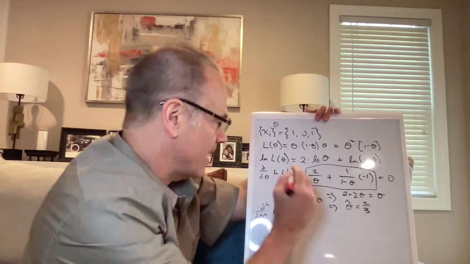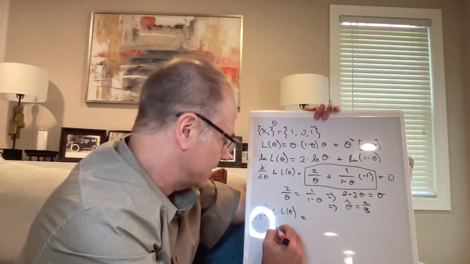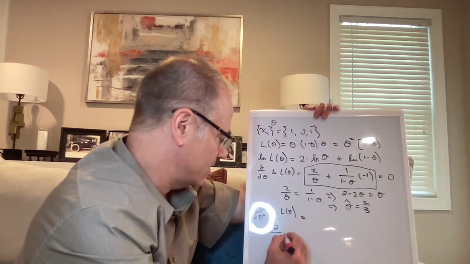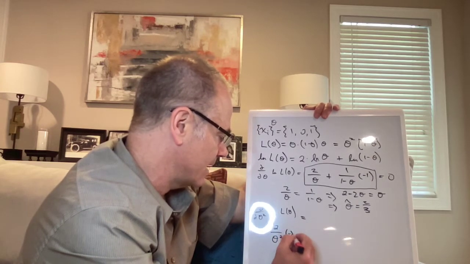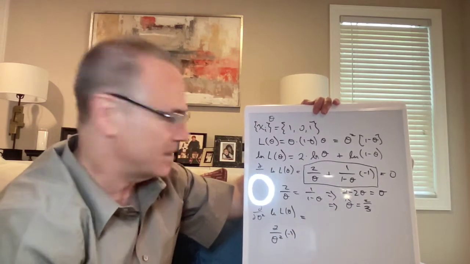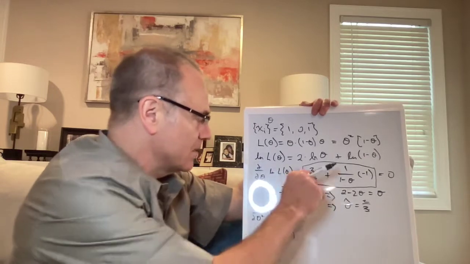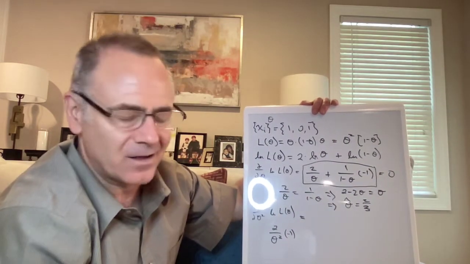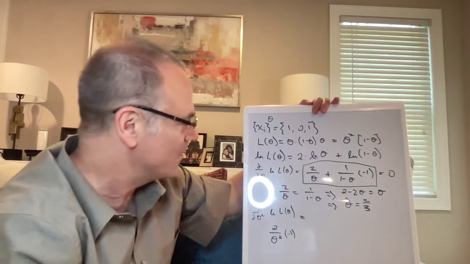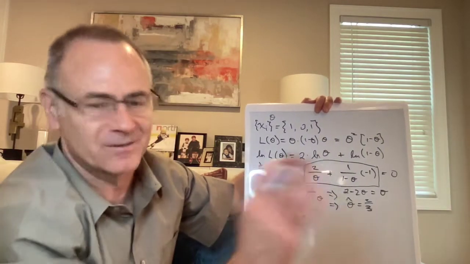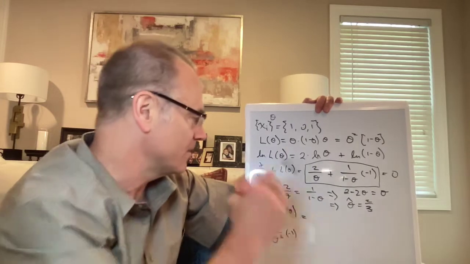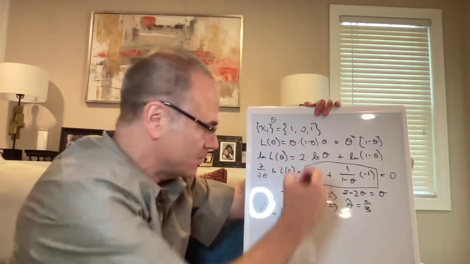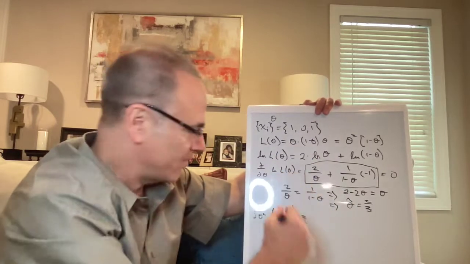So that is going to equal 2 over theta squared times -1. So it's 2 times theta to the -1, and we have to multiply that by -1 because we have an exponent of -1 on that theta.